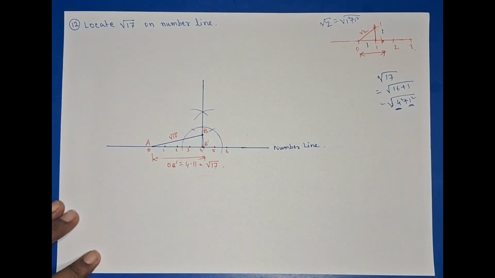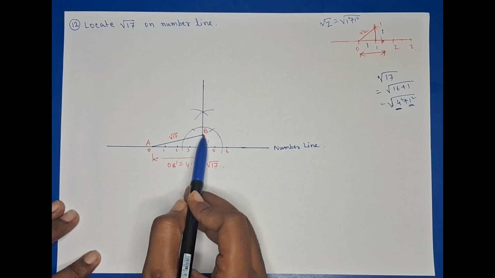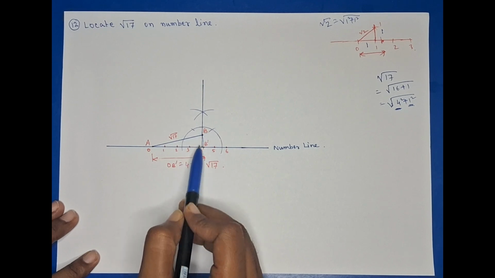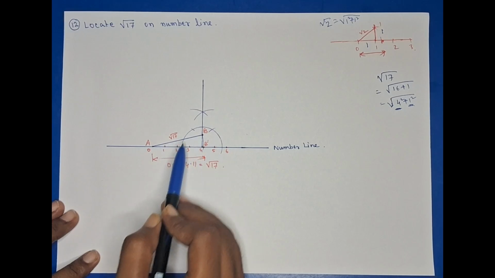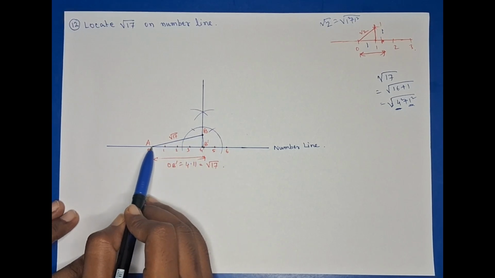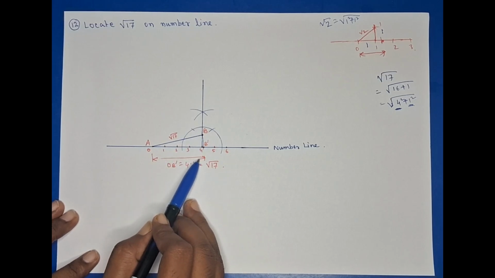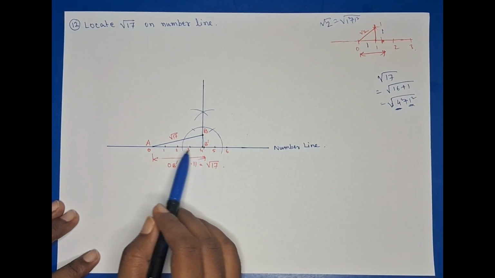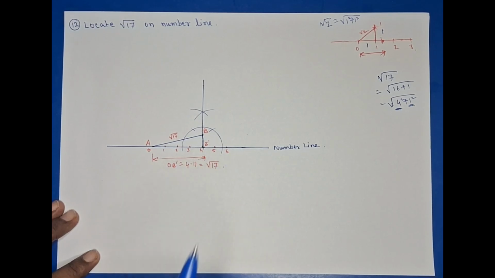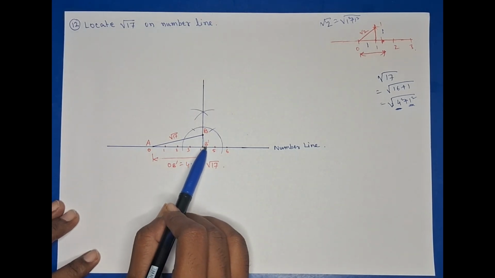After that, on the perpendicular line, we have marked 1 centimeter from point number 4, and that is called point B, the 1 centimeter. And now this AB is square root of 17, and taking the point A as center and AB as radius, we have drawn an arc and checked where this arc has cut the number line, and where the arc has cut the number line, we have marked it as B dash.